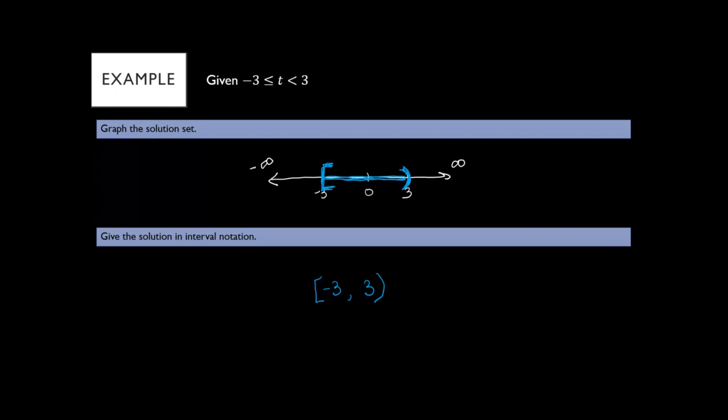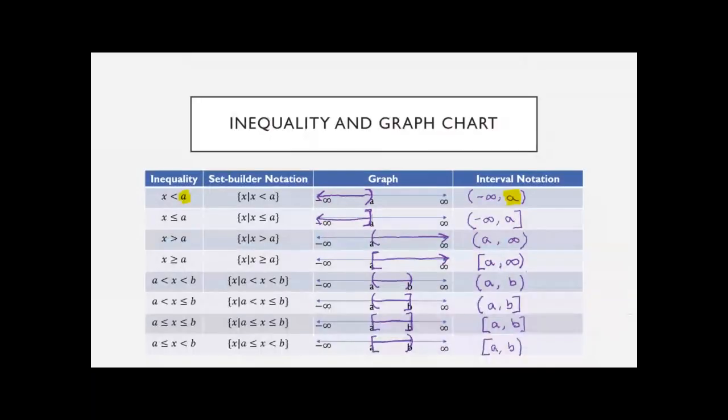So that's graphing linear inequalities, and that's how you write your answers in interval notation. I would definitely use my little sheet here as a guide, because all you need to do is plug in the numbers, and you can compare all of the answers I did to this and see that it matches.